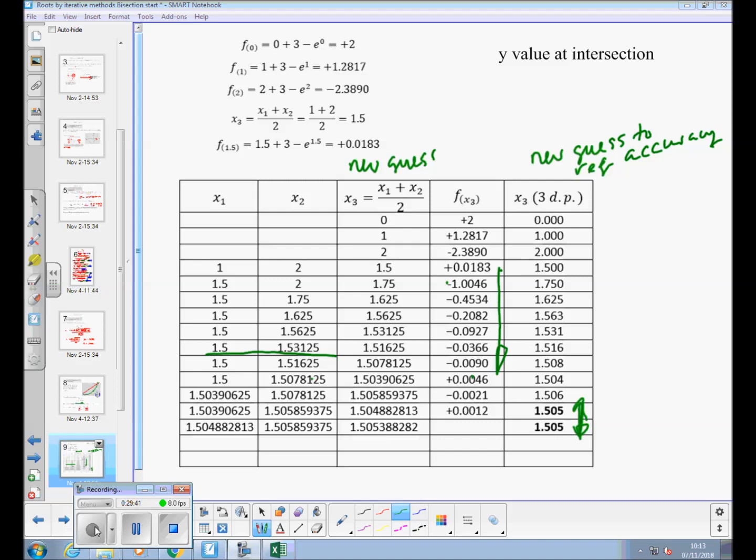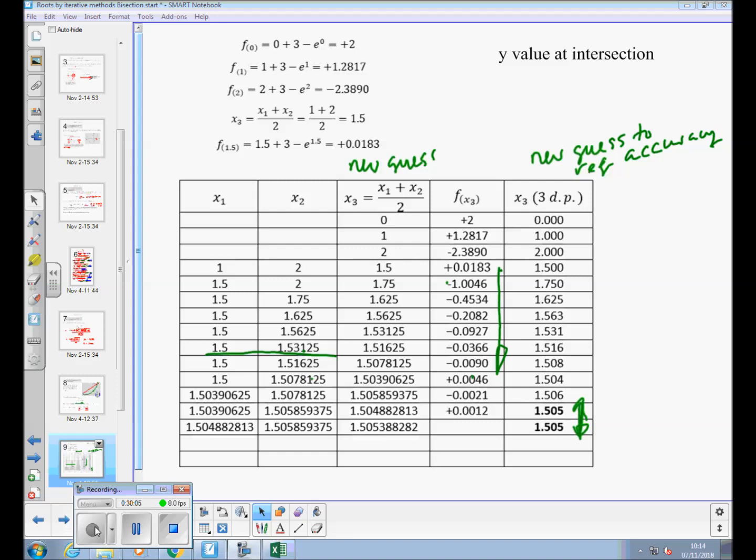Yeah. Third guess, 1.3, fourth, 5th, 6th, 7. Okay? 7 iterations to find the root to three significant figures. Okay? Yes, it is a bit time consuming.